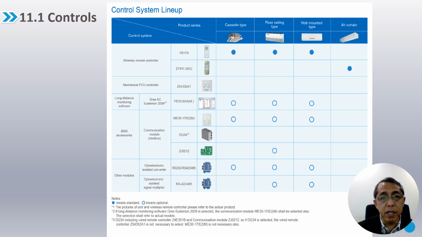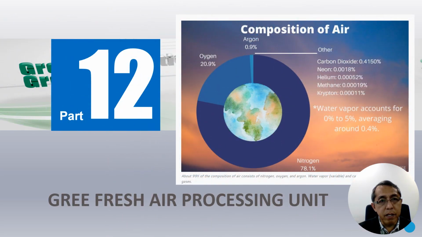And for the indoor unit, there is a matching remote controller. You use this optoelectronic isolated converter or signal multiplier if you want to control your system remotely. So let's go to the last part, which is part 12, the fresh air processing unit.